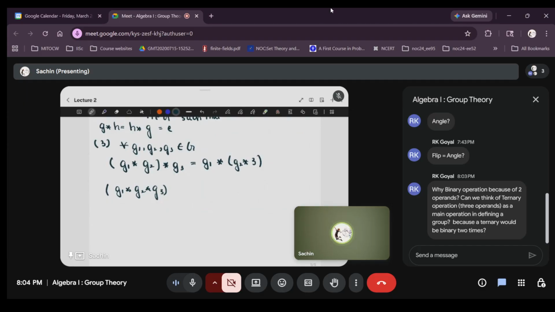Yes, binary means two. It is only a binary operation. We don't define groups for ternary operations.